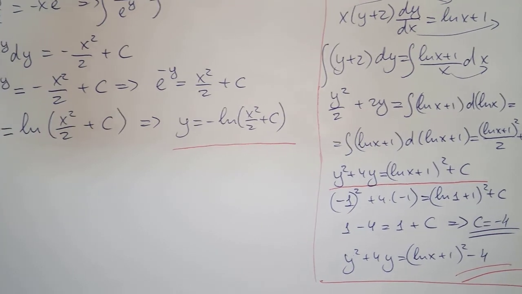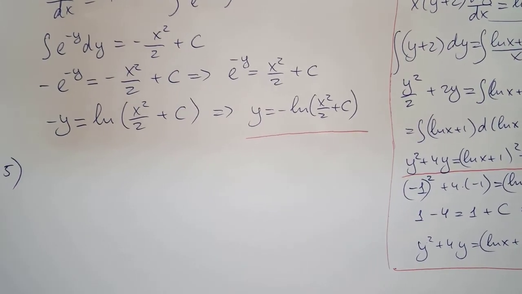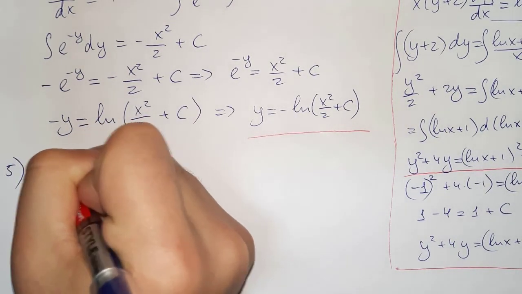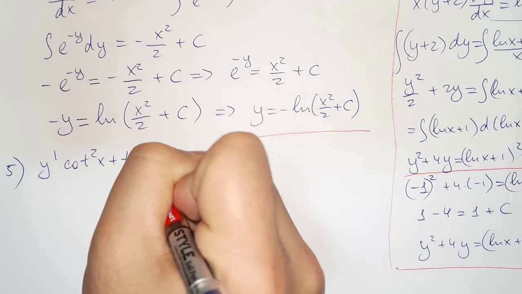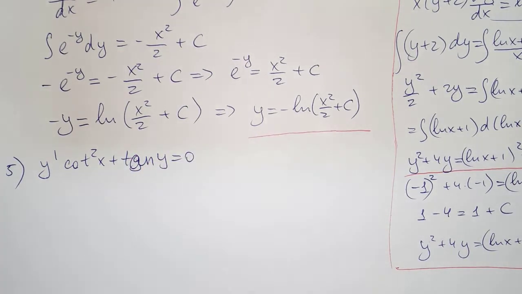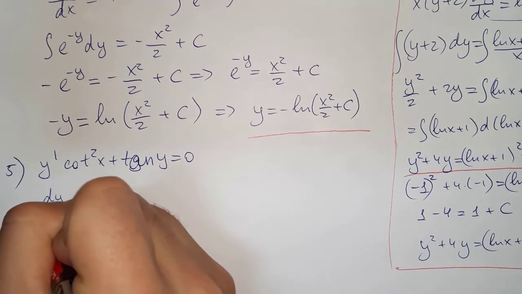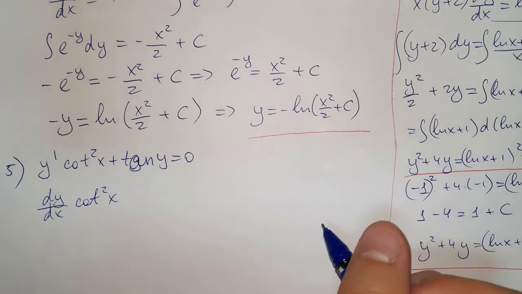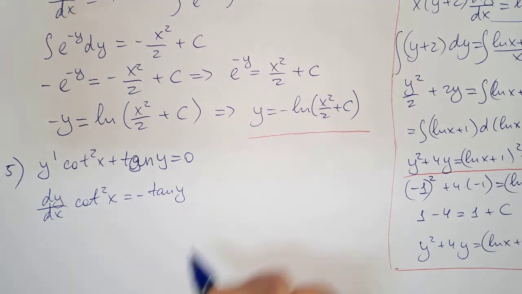And now let's consider the next example, number 5. Okay, so solve the differential equation y prime cotangent squared x plus tangent y is 0. We write this equation as follows: dy over dx times cotangent squared x equals minus tangent y.